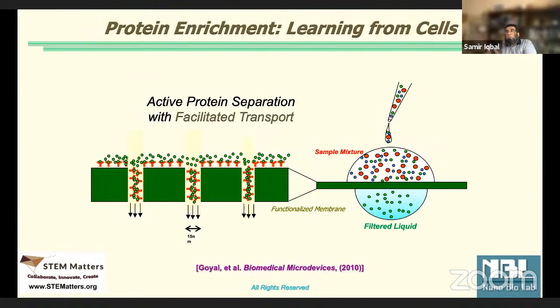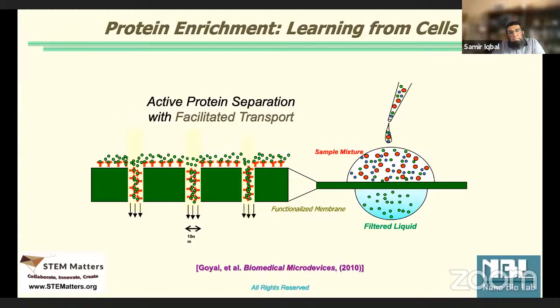All right, so now we have used that also to create active filters. Filters in the macro world are generally used to separate out bigger things from smaller things. But when we talk about active filtration, we want to separate out specific molecules from other molecules, irrespective of their size.